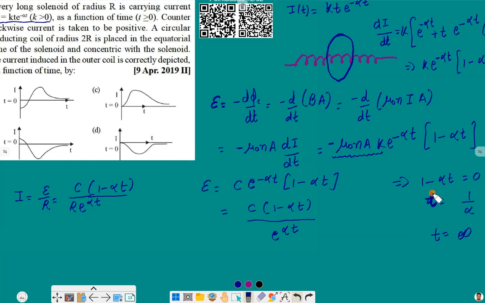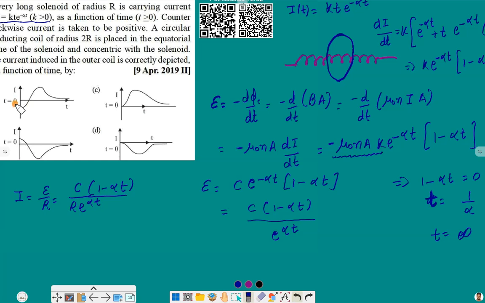Now coming to the condition that t is equal to 1 by alpha. Somewhere in the middle of the graph there will be a point at which current is 0, and in these two graphs there is not a single point in the middle of the graph at which current is 0.